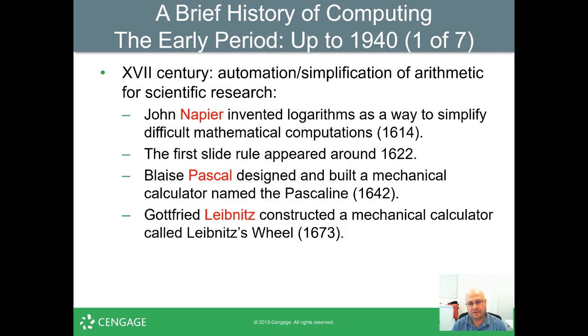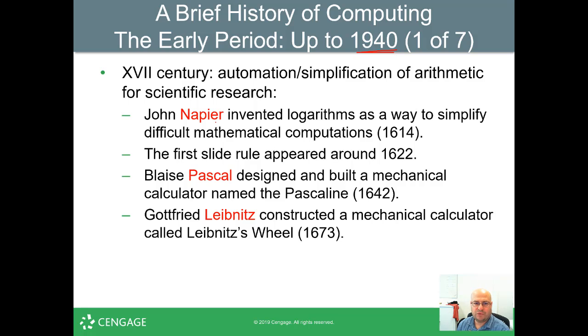So the book cites as the early period of computing from the past up to 1940. In the 17th century, there was the automation and simplification of arithmetic methods for scientific research.